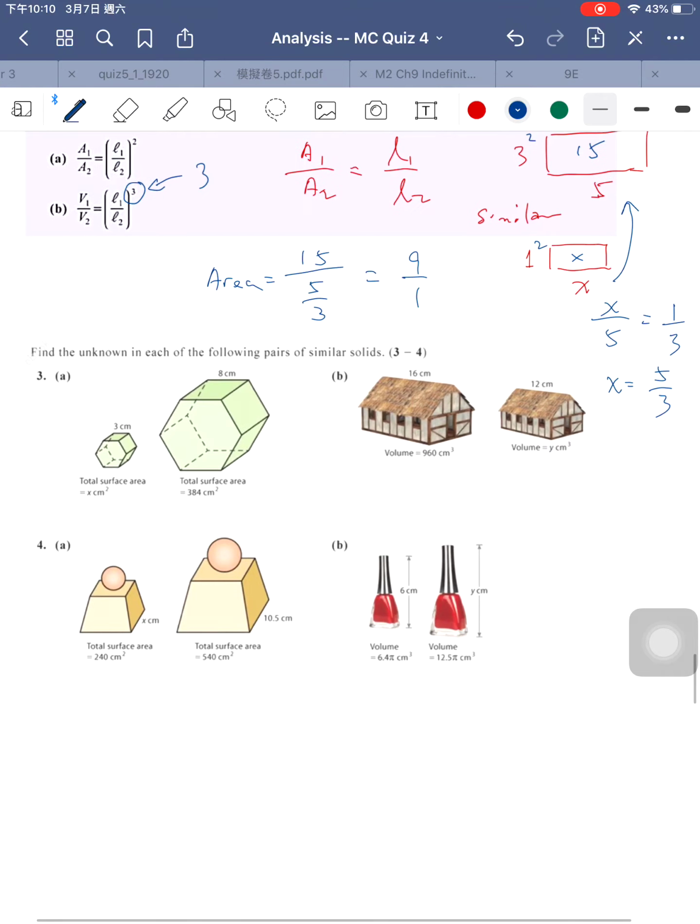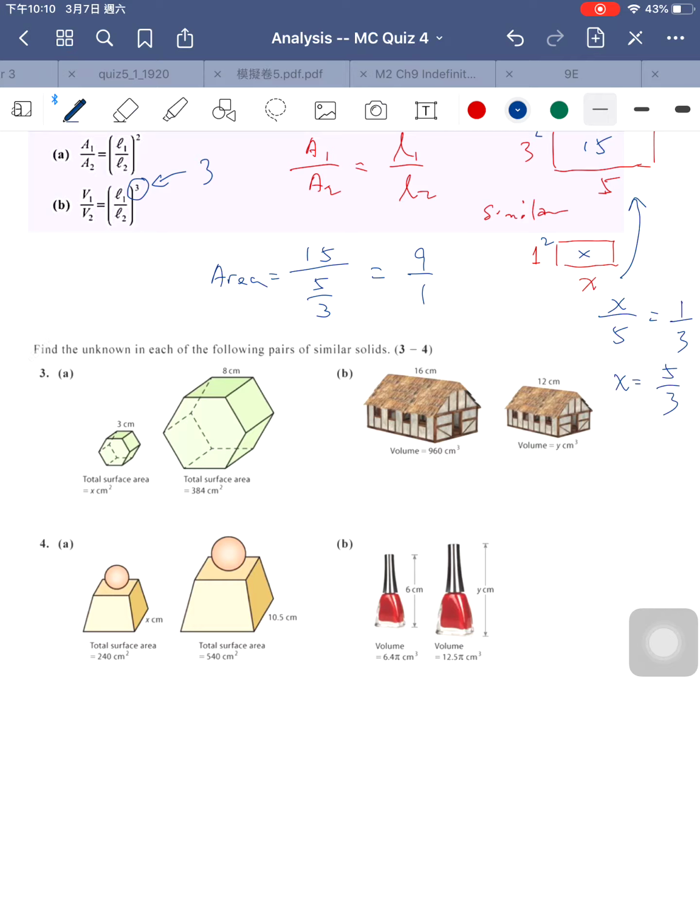Let's see some simple examples. This one asks you about total surface area. You don't know x, but you know that the big one is 384 and the length is 3 to 8, cubed. Sorry, this is about area, so remember this should be squared. Then we look at 4a.